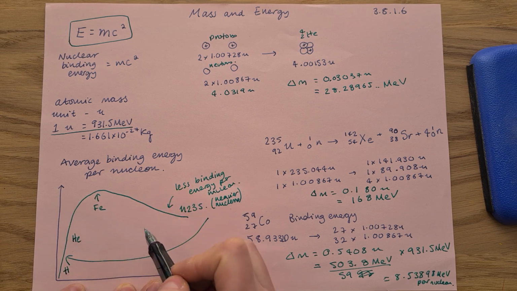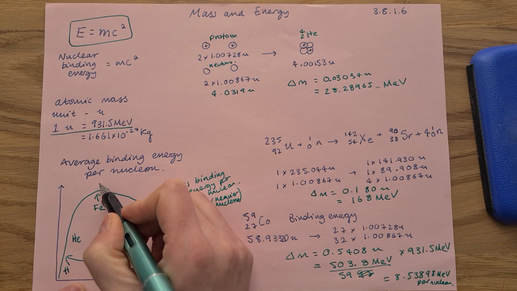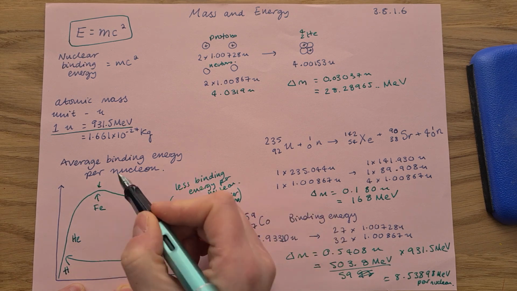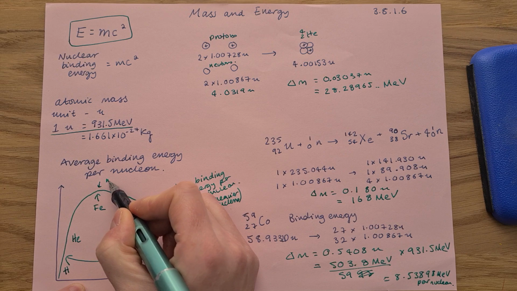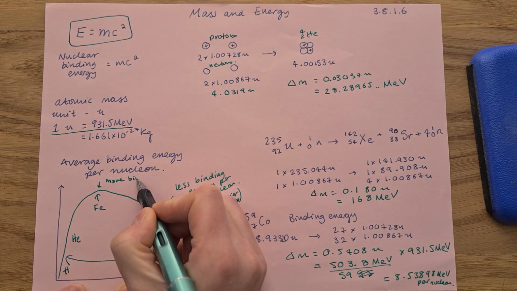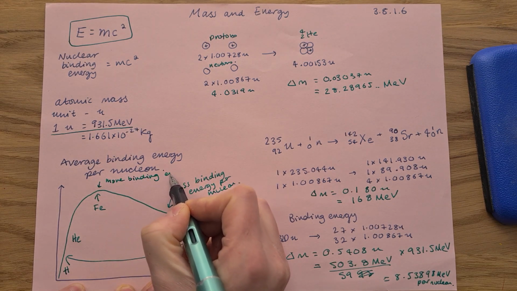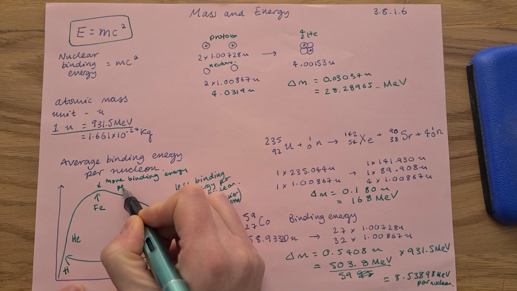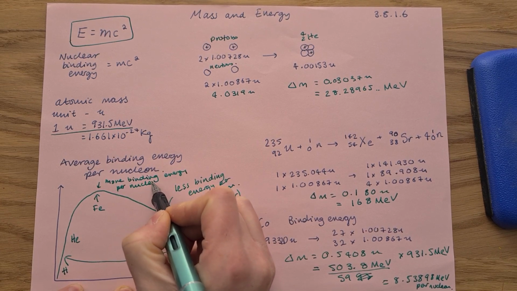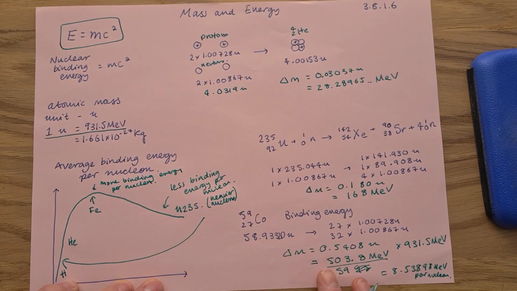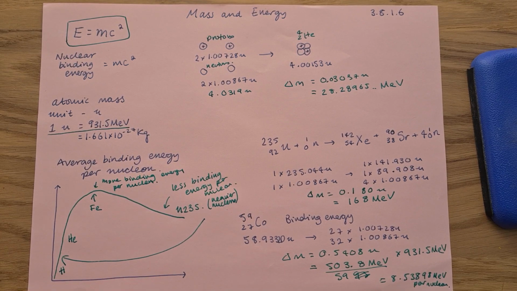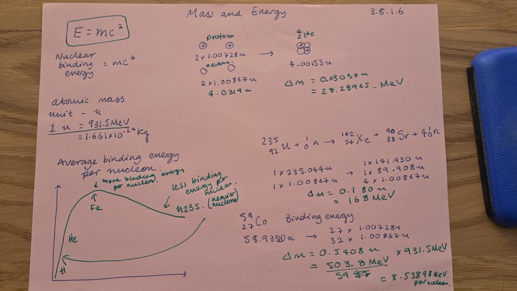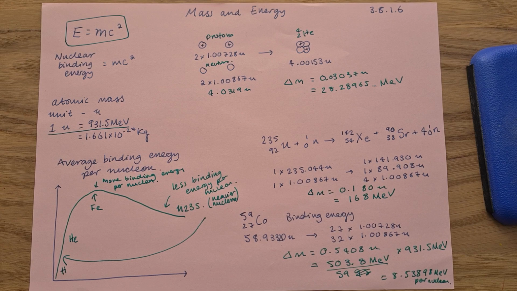Compared with these ones here, these ones have the most binding energy per nucleon. It's important to notice that this is per nucleon, because actually uranium has more binding energy than iron, and it is any day of the week going to be the case because there are more nucleons in it.